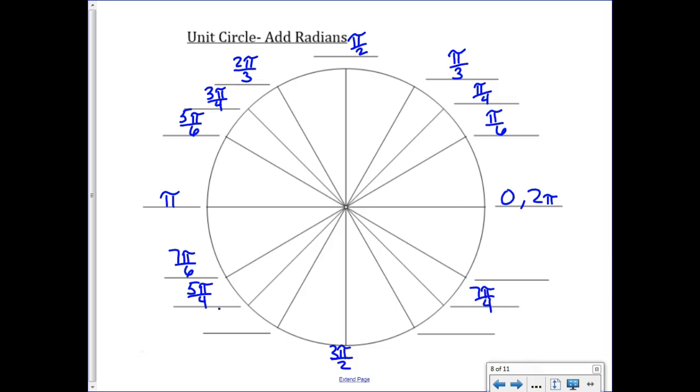Then 8 pi over 6 is 4 pi over 3. 9 pi over 6 is 3 pi over 2. 10 pi over 6 is 5 pi over 3. And then we have 11 pi over 6. Again, this is one that you will need to have memorized to be quizzed over and know next year as well in pre-calculus or IB math.